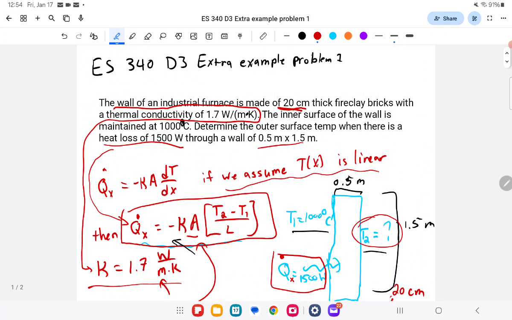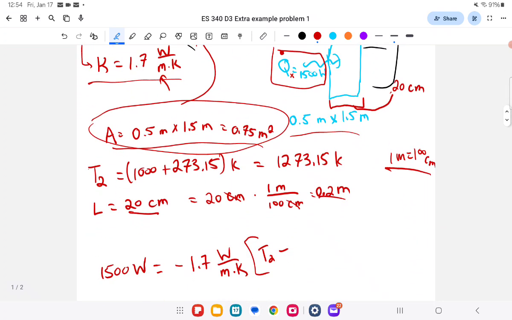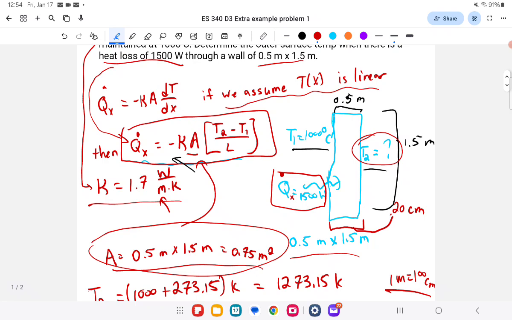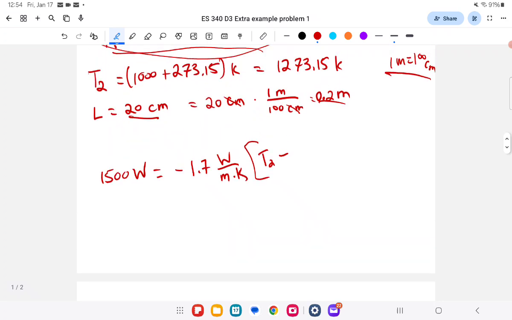T1, which was given as 1000 degrees Celsius, and so we should convert this to Kelvin here to deal with absolutes. Although the difference doesn't end up mattering, we are looking for an individual temperature, so we do need to convert in that case.